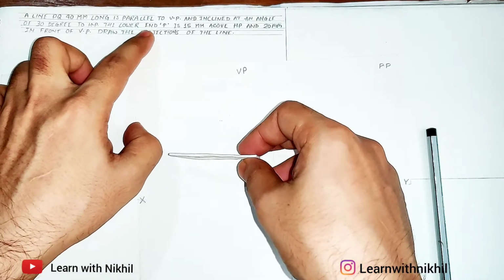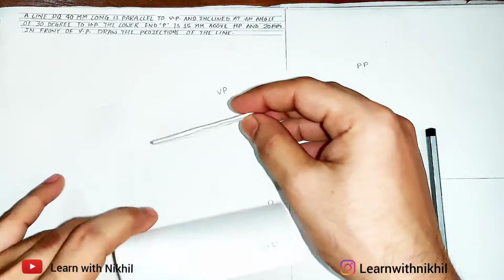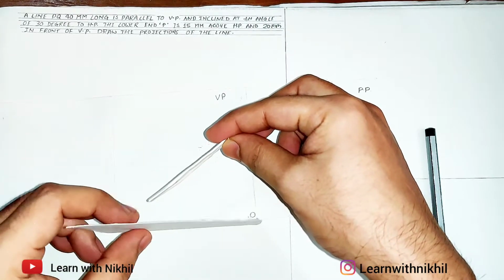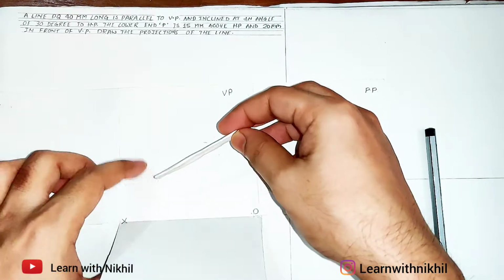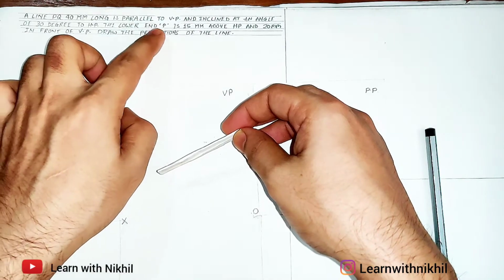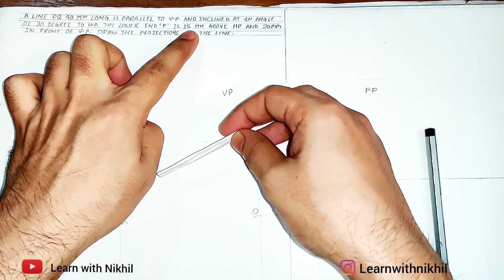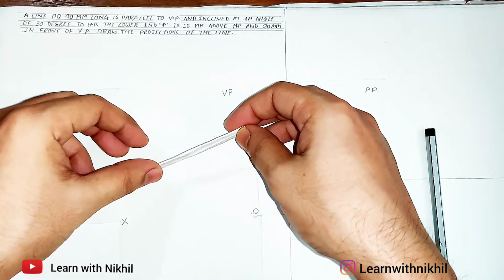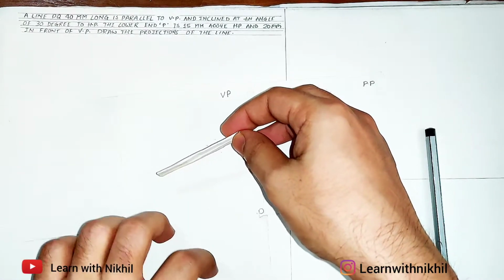Further it says the lower end P is 15 mm above HP. So this height is 15 mm as it is above HP. And 20 mm in front of VP. So it is 20 mm.